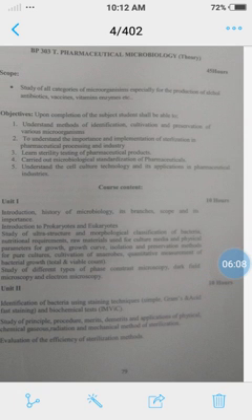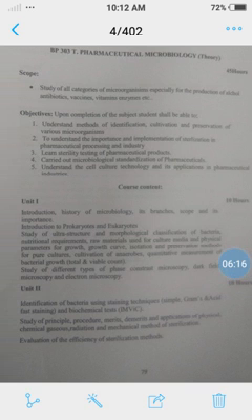These are the few objectives of the pharmaceutical microbiology subject. First objective, to understand the various methods of identification, cultivation, then methods of preservation of various microorganisms. The next objective, to understand the importance and implementation of sterilization in pharmaceutical processing as well as the pharmaceutical industry.